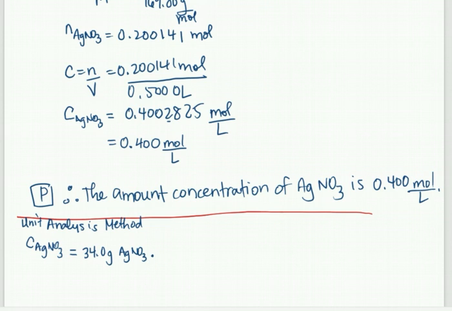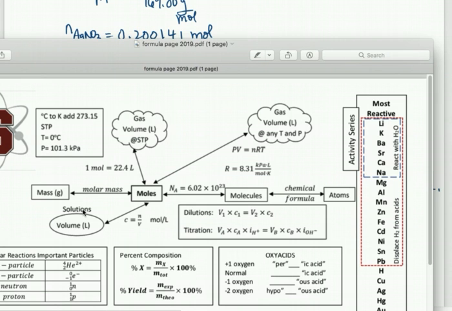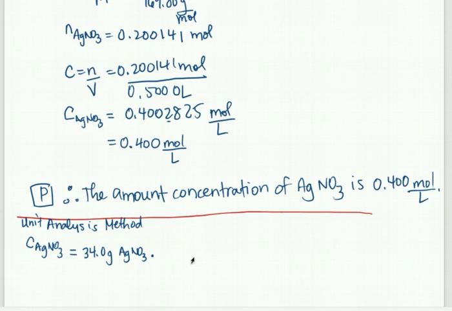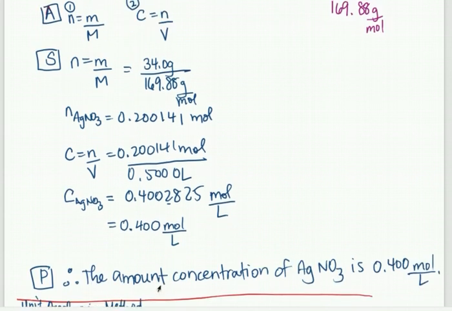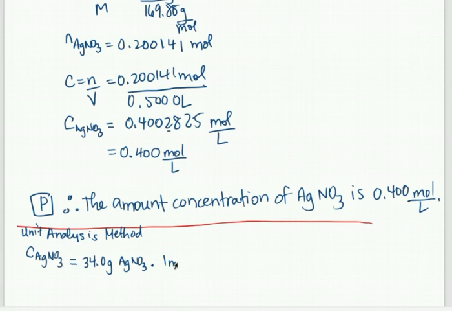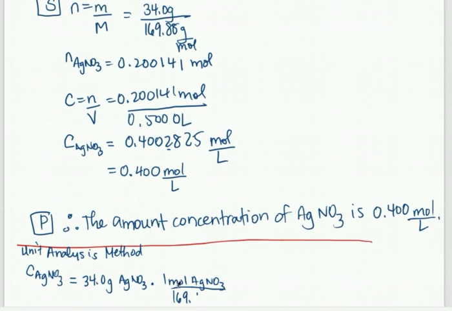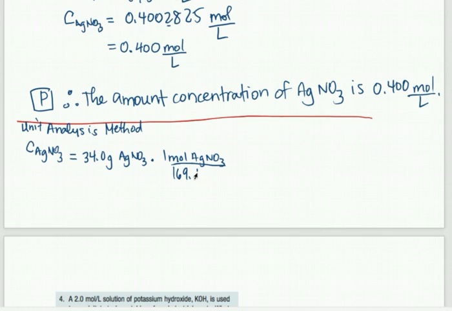And then again, our plan here is to go from mass to moles, so we need to use our molar mass. Our molar mass was right there. So again, we're going to flip it: 169.88 grams of silver nitrate.